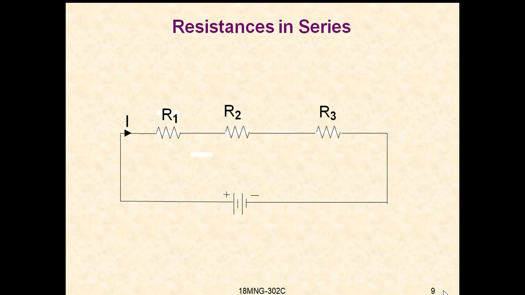and the current flowing through the resistors R1, R2 and R3 is the same, that is I, and the voltage across the resistance R1 is V1, and R2 is V2, and R3 is V3.